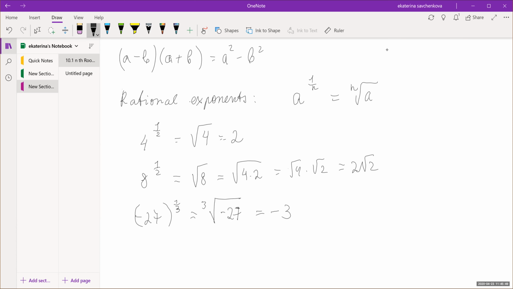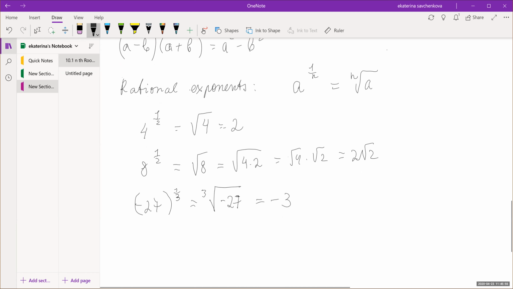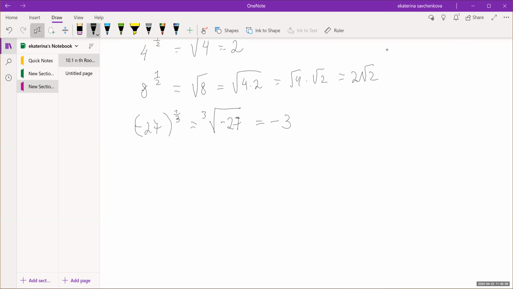Okay, so now what if we combine together the power and the root, something like this? We write down an nth root of a and raise it to the power of m. Well, the nth root of a, it's a to the power of 1 over n, right?